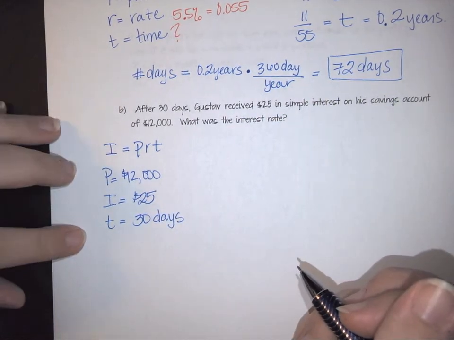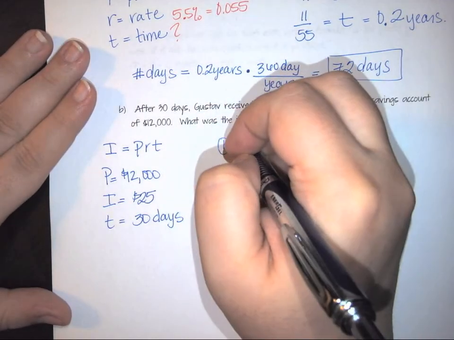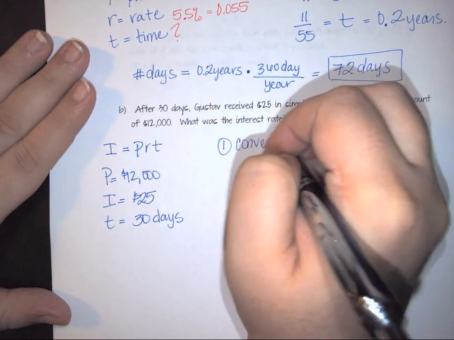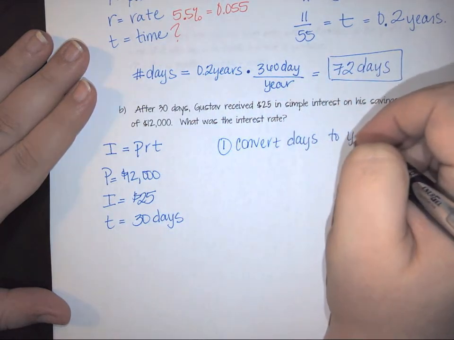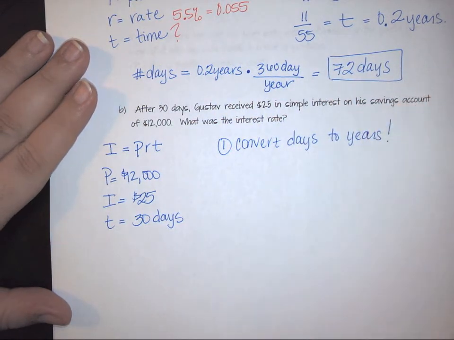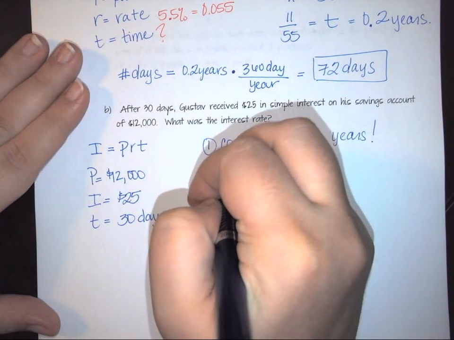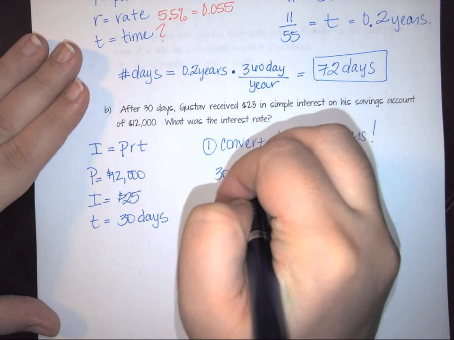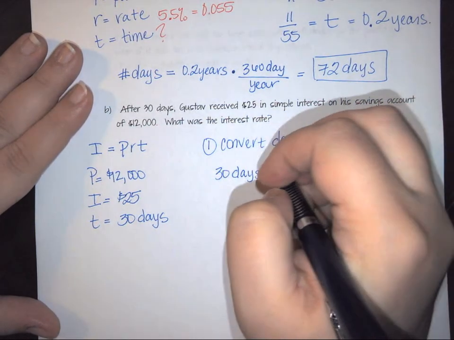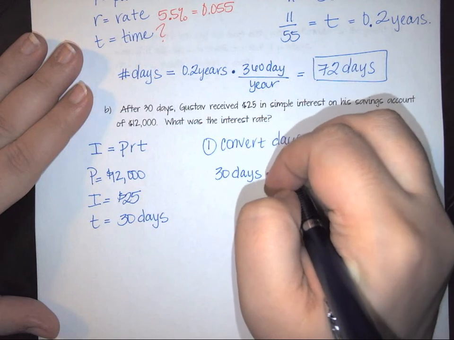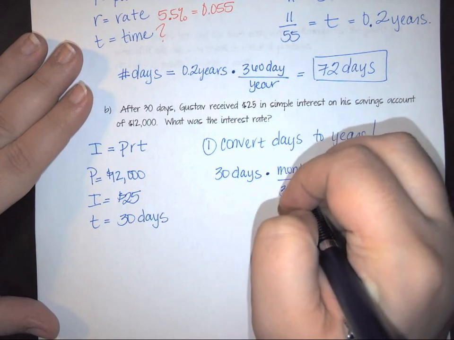Well, in terms of time, the first thing that we have to do is convert days to years. So the way we do that is we take our 30 days and we multiply it by 1 month per that 30 days.